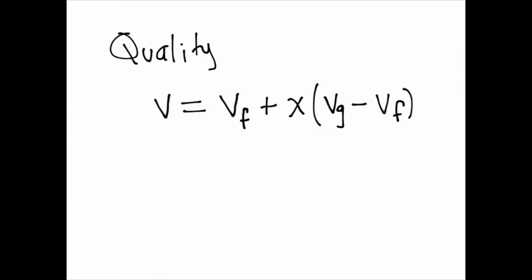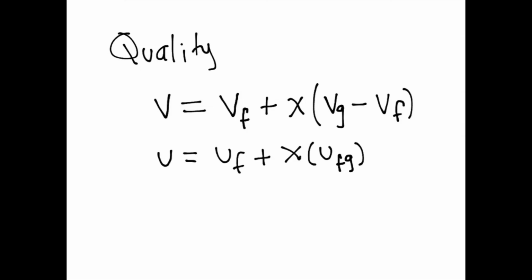The same happens with internal energy: all of the properties during the mixture you can calculate like that. In this case, it is reported ufg, which is the difference between ug and uf, right? And the same with enthalpy and the rest.